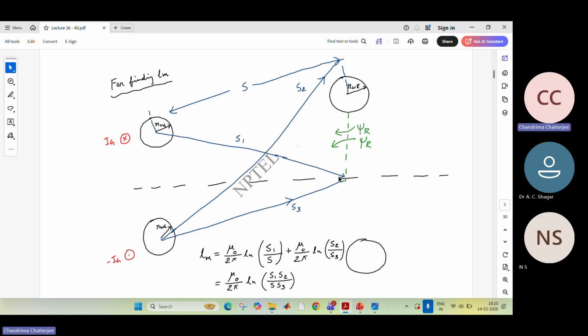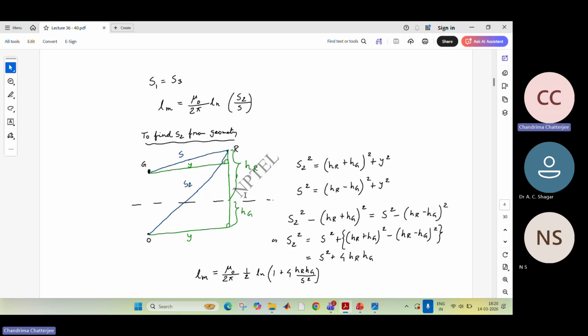Okay. So if we simplify this, it will become S1, S2 by S3. But we need to find out all these distances. And this is very simple. Just Pythagoras' theorem we will apply and we can find out. Okay. In terms of the known values.